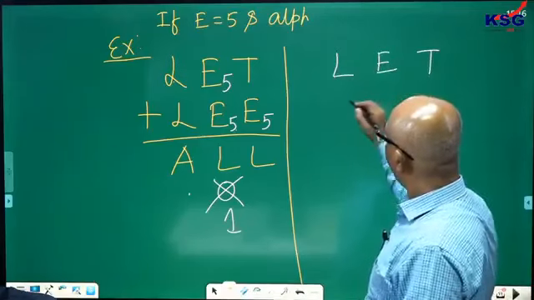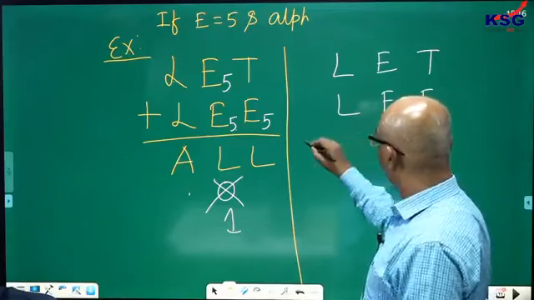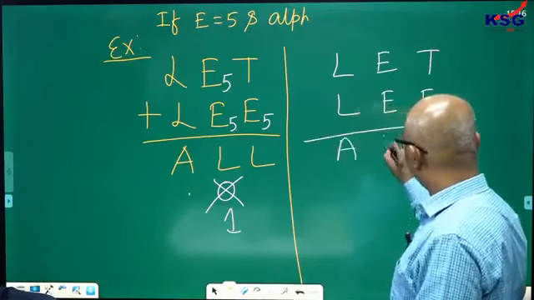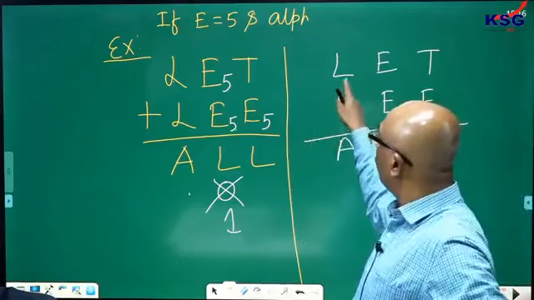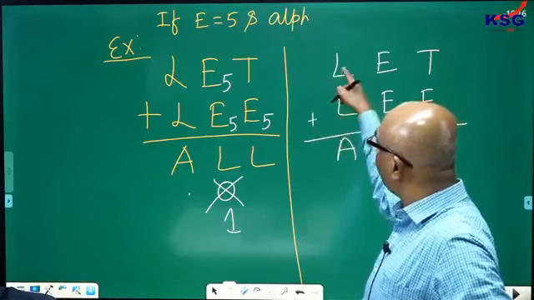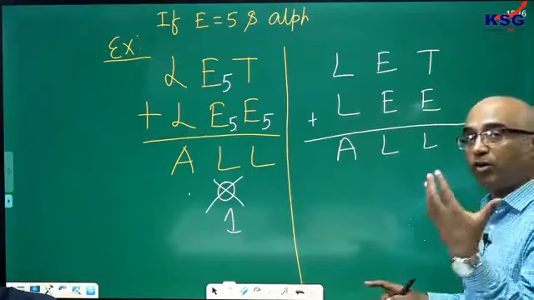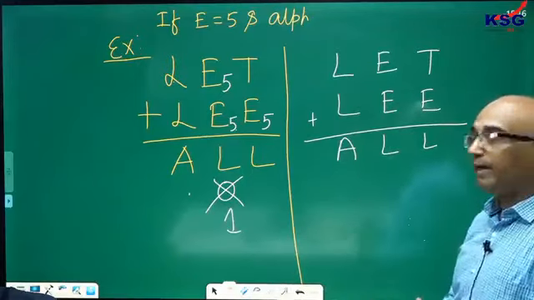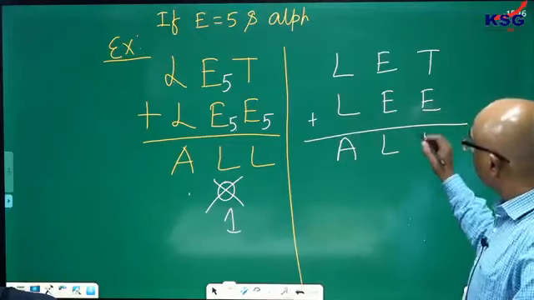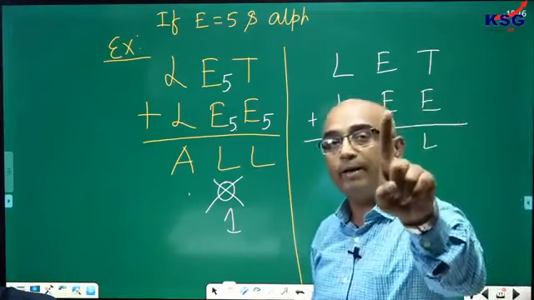LET plus LEE is ALL. So the value of L cannot be 0. Once L is 0, then in the leftmost position 0 plus 0 is equal to 0. A cannot be 0 because the answer is 3-digit, and a 3-digit number cannot start with 0. It means there must be one carry over from the first step of addition.